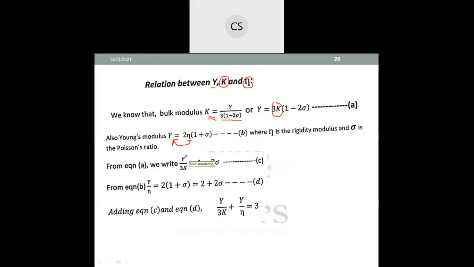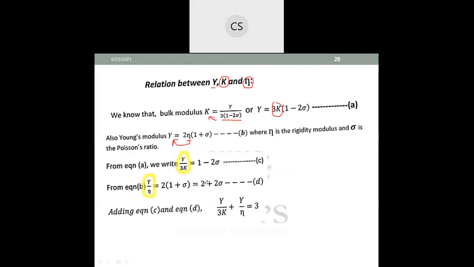On the left hand side, you are going to add Y by 3K plus Y by eta. That's equal to, when you add, this is 1 minus 2 sigma, this is 2 plus 2 sigma.